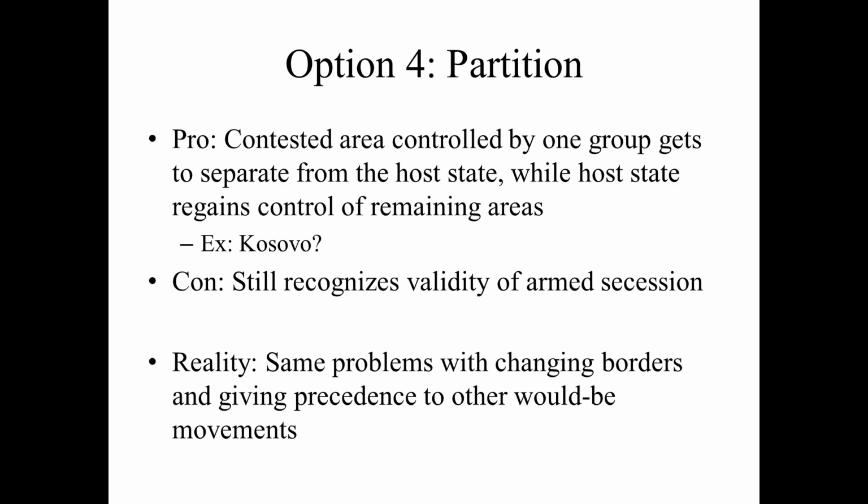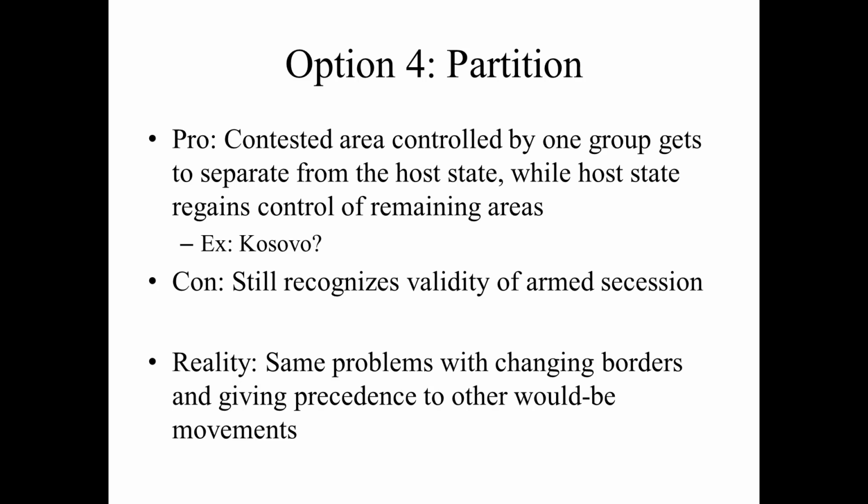validates armed secession. So it's really no better than the parastate joining another country. So once again, it's redrawing borders. It's going to give precedence to other would-be movements, right? So the goal here for solving a parastate is either the whole thing becomes independent, or we find a way of shoving it back into the host state with a number of concessions, right?